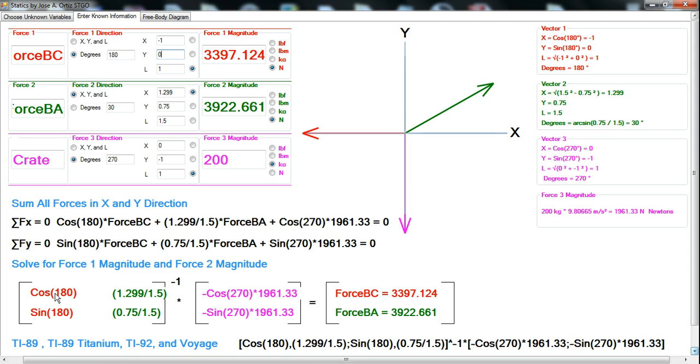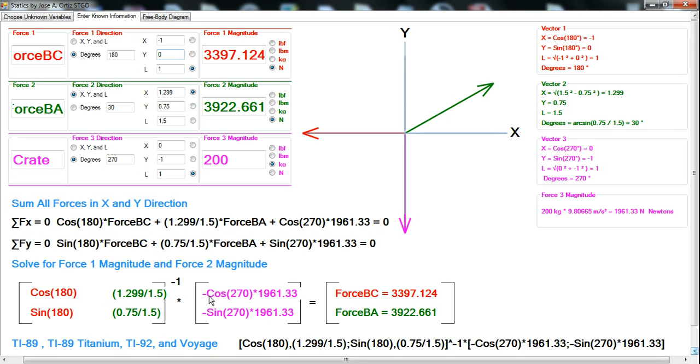So what you do is you have to set up two matrices. In one matrix you have the coefficients of your unknown variables, and you raise that to the -1, so this represents an inverse matrix. Then you multiply that matrix times your knowns.